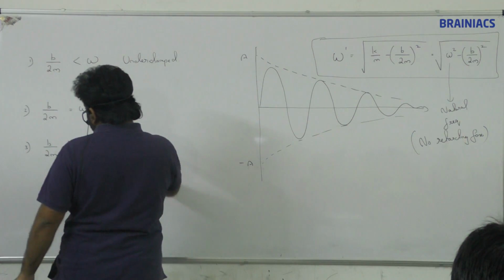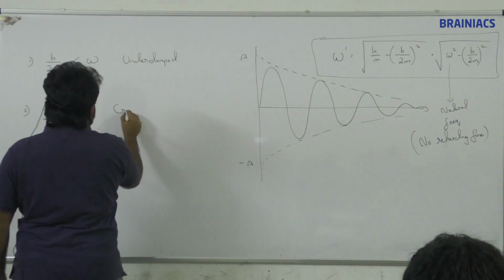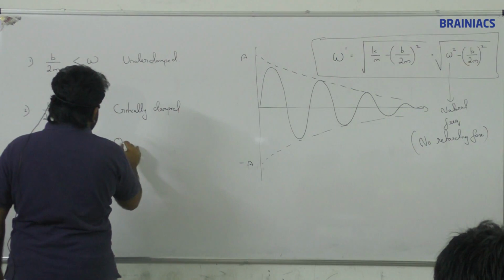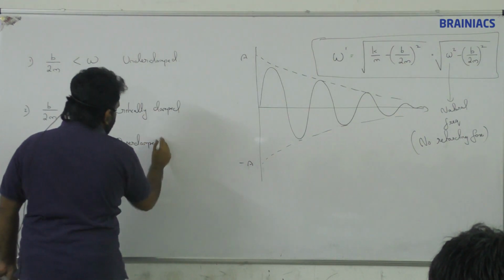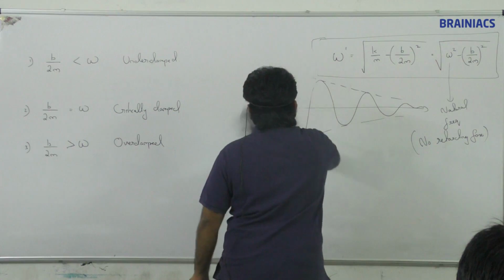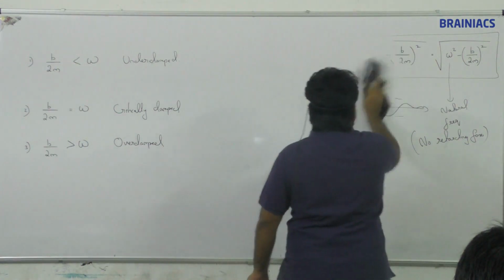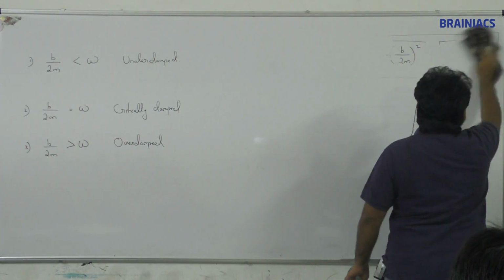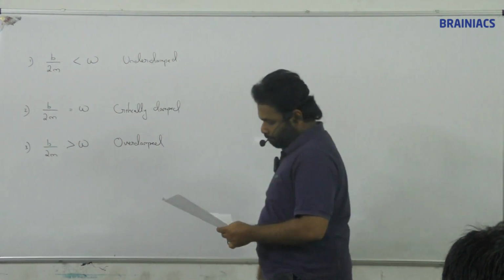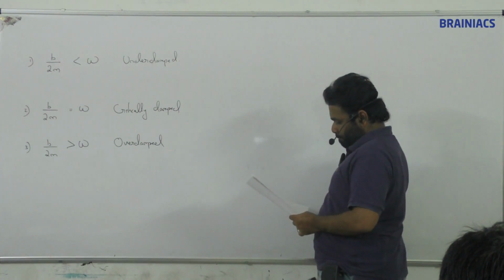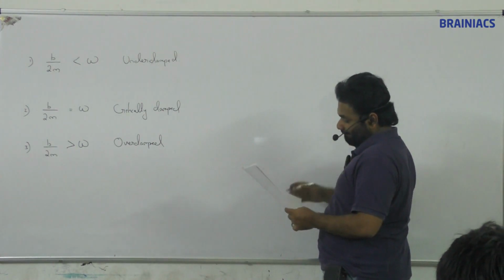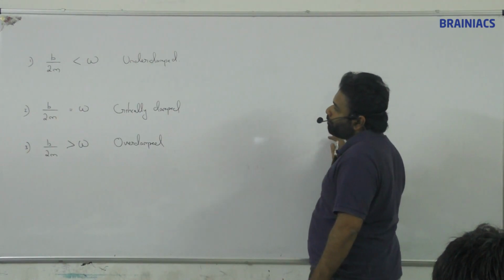If it is equal to omega, we can say critically damped, and if it is greater than omega, we can say over damped. Okay, clear?